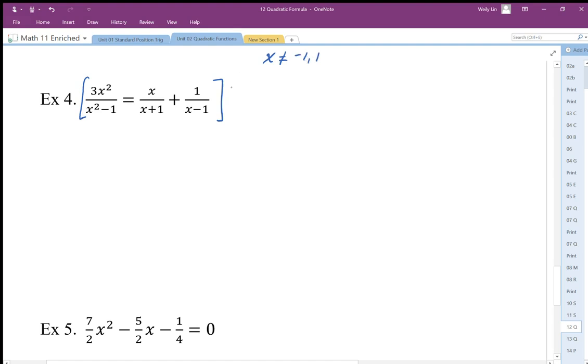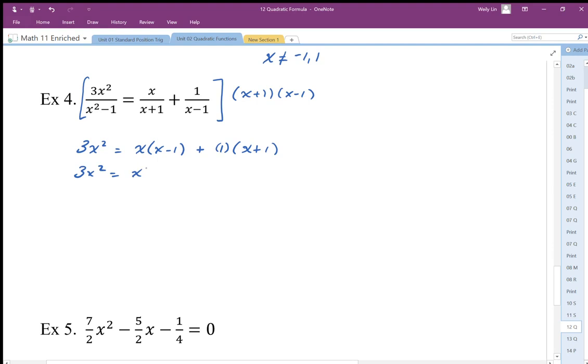What we want to do then is get rid of the denominator by multiplying by the lowest common denominator. Okay, we'll use those factors there. So we end up with 3x squared is equal to x plus 1's cancel out, so we end up with x times x minus 1 plus x minus 1's cancel here, so we end up with 1 times x plus 1.